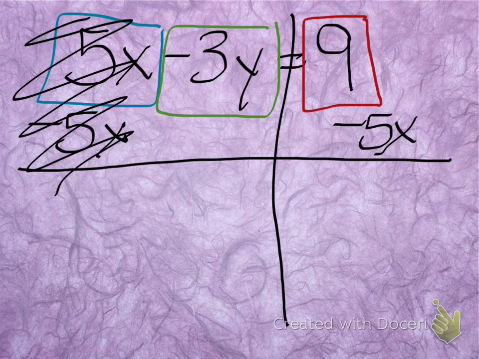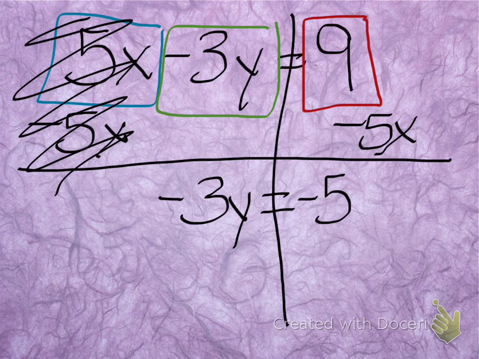5x minus 5x, or if I have 5 x's in one hand and I take all 5 of them away, I don't have any x's left, so that disappears. But I do still have my negative 3y equals, and on the right-hand side I have negative 5x plus 9, right?